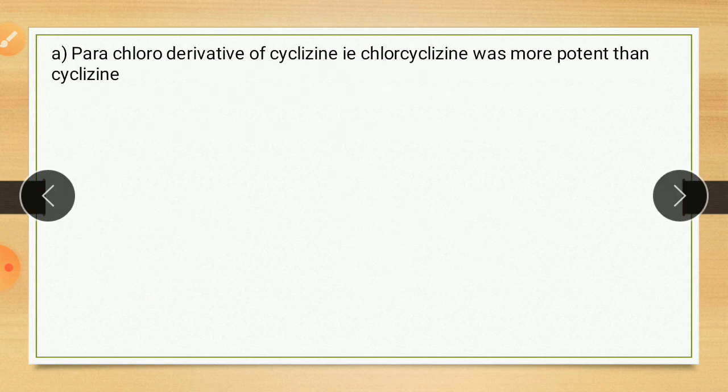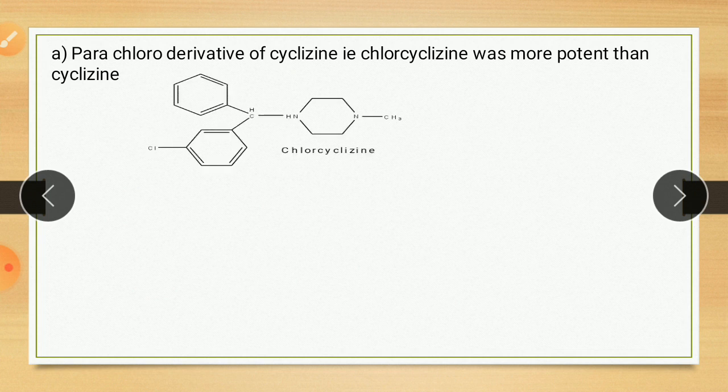The parachloro derivative of cyclizine, that is chlorcyclizine, was more potent than cyclizine. So on the cyclizine structure there is a chloro group at the para position, that is chlorcyclizine, which is more potent than cyclizine.